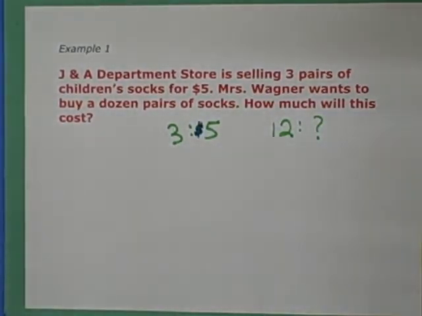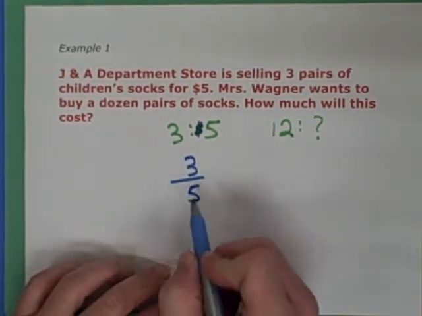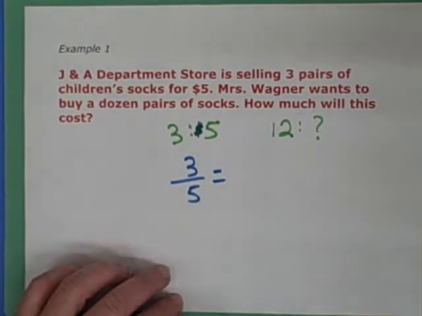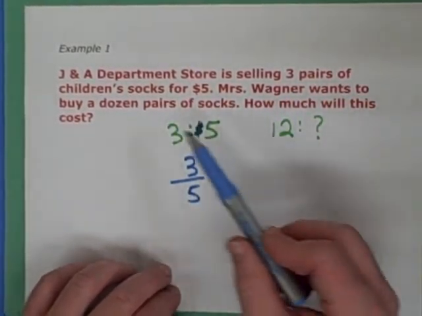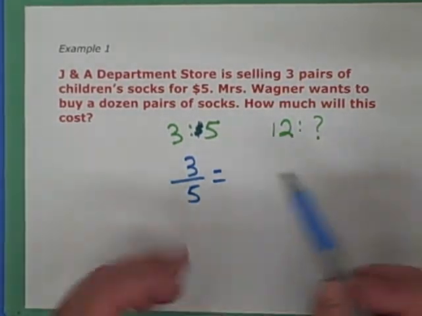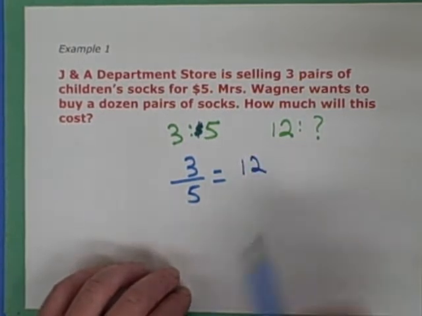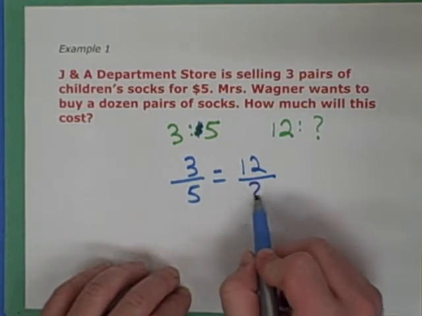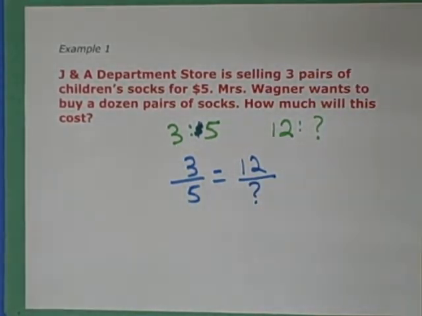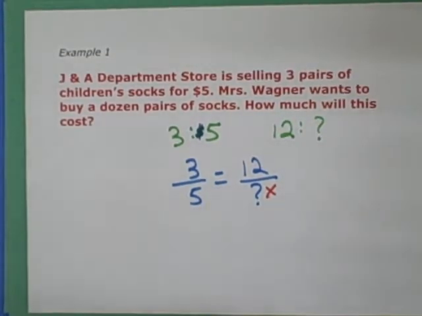Let's write this as a fraction of 3 to 5, and we're going to set it equal to, because the cost of the 12 socks is the same ratio of $3 to $5, but we're changing that 3 to a 12, and then we don't know this amount here. We would algebraically give that a variable, and we could call it an x.